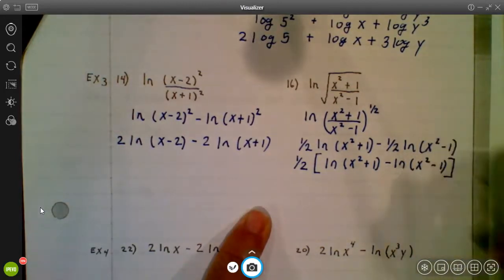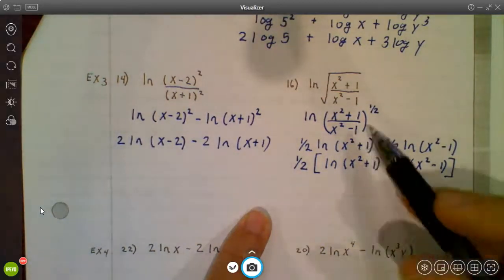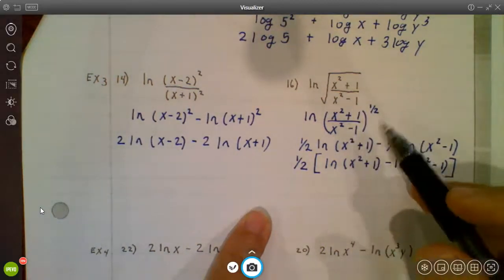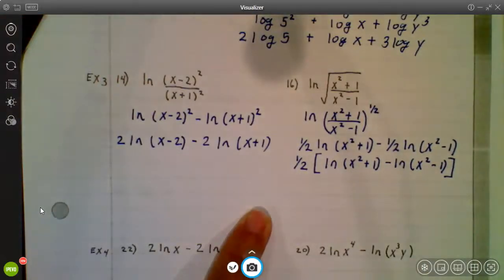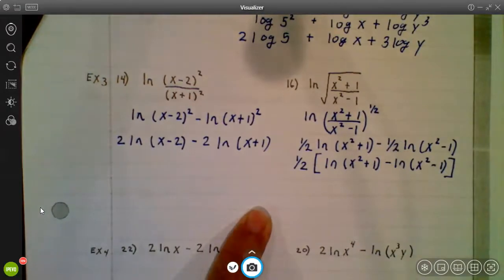And it could be written this way as well. So either way would be totally fine. But that's really it as far as all we can do with these guys. So we split them up through subtraction, applying the quotient rule, and then we applied the power rule to deal with that 1/2. Right? And so either way you want to write that answer would be acceptable. All right, let me move on to example 4.